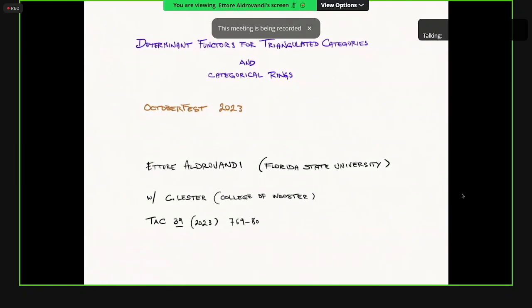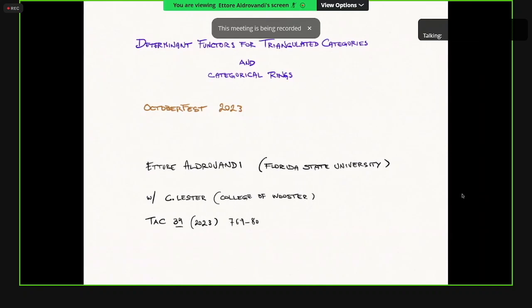So anyway, I should mention this is work in collaboration with Cindy Lester, who was at Florida State and now is at College of Worcester. And so I'm going to talk about determinant functors.